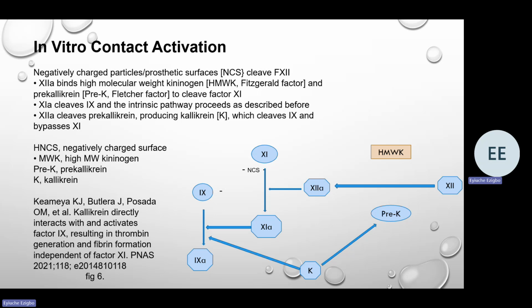Activated factor 12 cleaves factor 11, and coagulation proceeds as described before. In the process, prekallikrein becomes cleaved, and a serine protease kallikrein bypasses factor 11 and cleaves factor 9 directly, as we can see in this diagram.